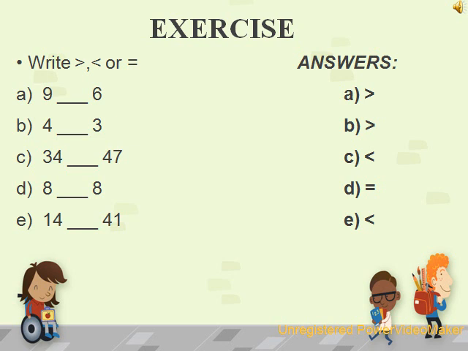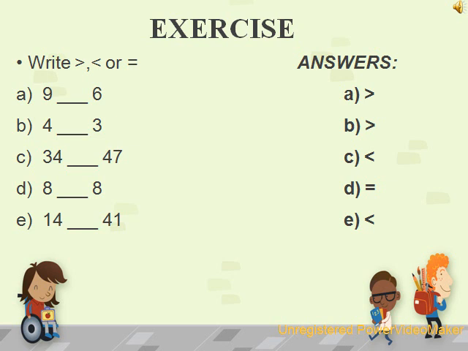D part, 8 dash 8. Which number is bigger? Yes, both the numbers are equal. 8 is equal to 8. So equal to sign will come. E part, 14 dash 41.